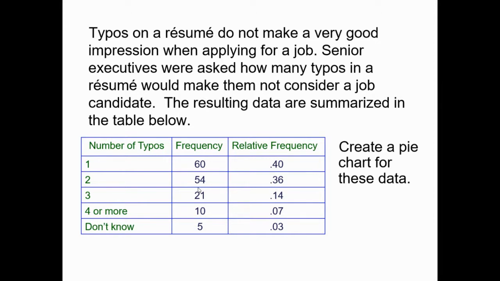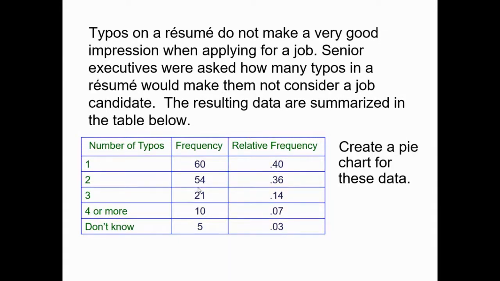And when you consider applying for a corporate job, they get thousands of applications. So if they start seeing typos on your resume, even just one typo, this chart says that 40% of them basically throw out your resume. Their no pile, you might as well just say it's their trash can.